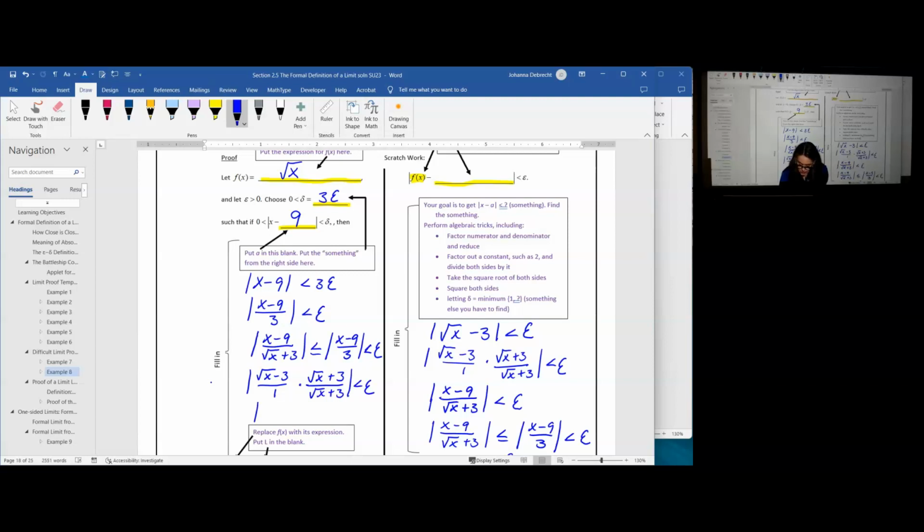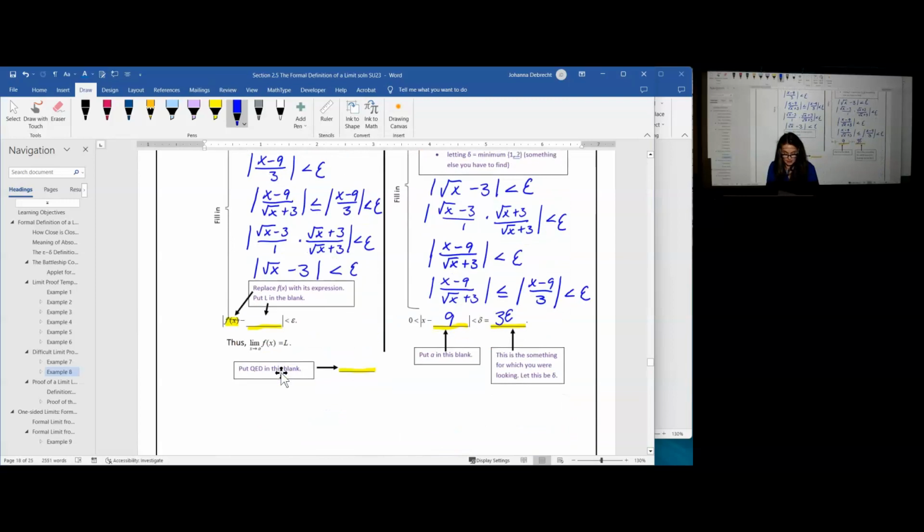Then we can take out the 1 part and just end up with the square root of x minus 3, which is our function value minus the limit. That's what we were trying to prove, and that means that we're now done. Then we restate the value of the limit. Thus, the limit as x approaches 9 of the square root of x equals 3, and we write QED at the bottom.